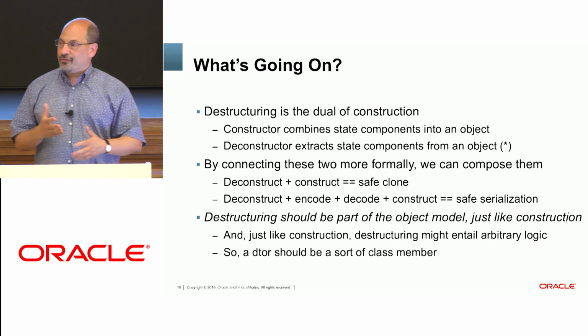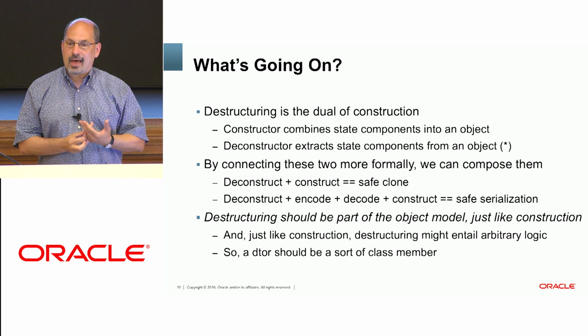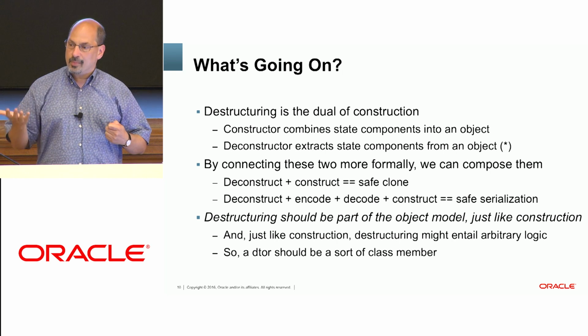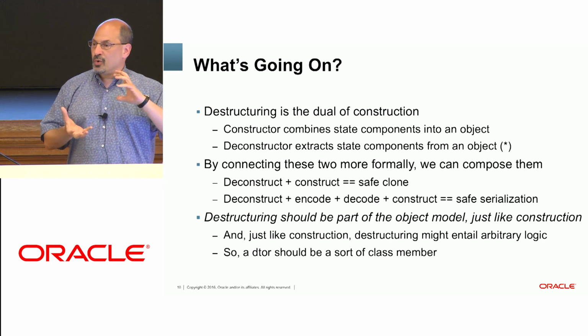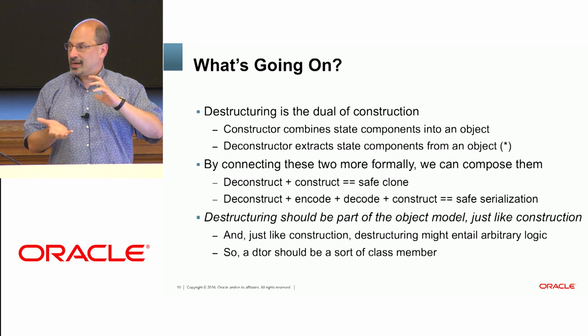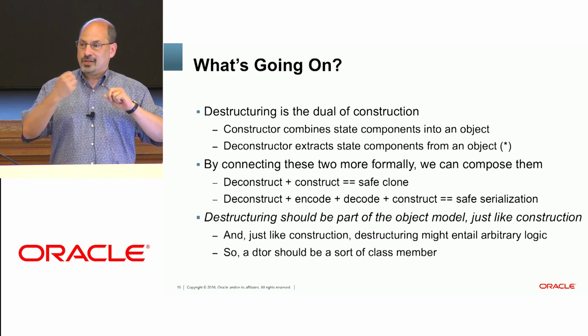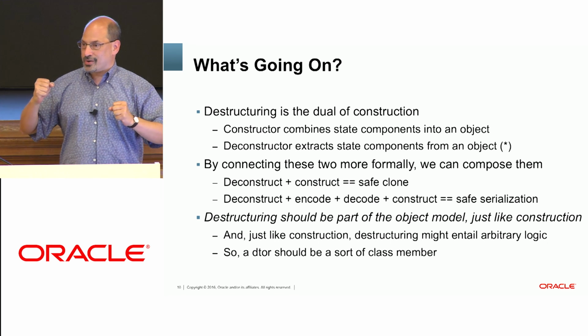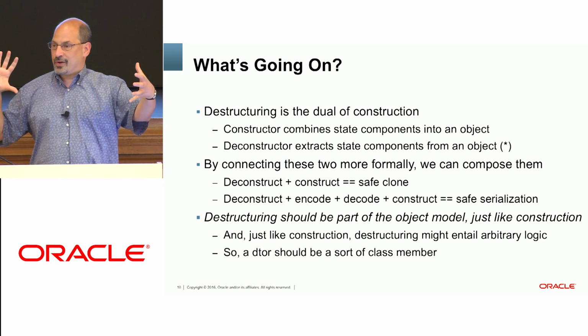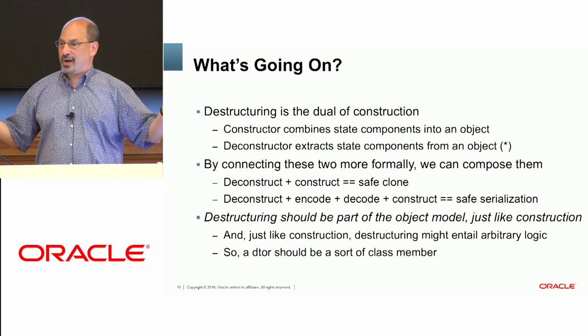So if we define a destructuring match as the dual, the complement of construction, these things can work with each other, right? They compose pretty nicely. If I take an object, destructure it into its constructor arguments, and pass that back to the constructor, I can just compose these as functions, and that's basically a clone operation.